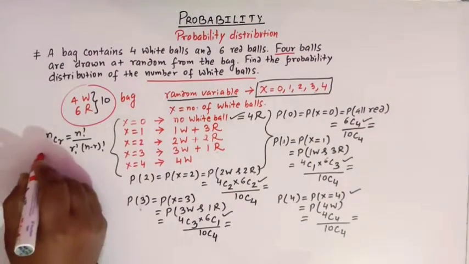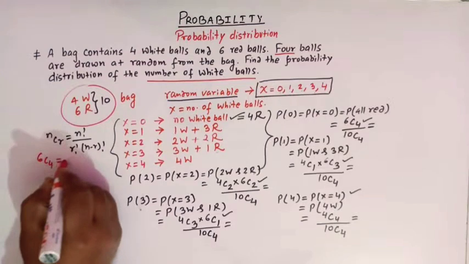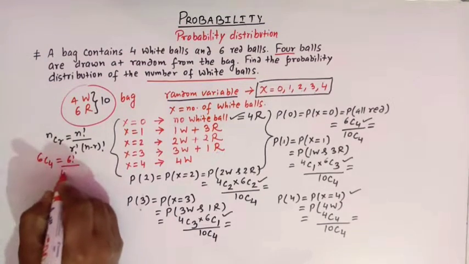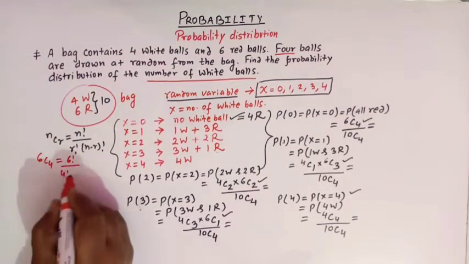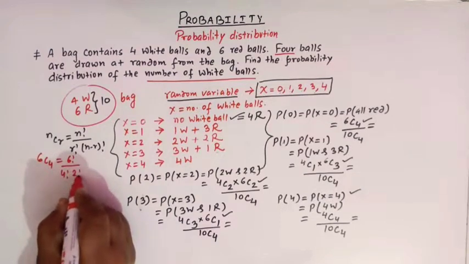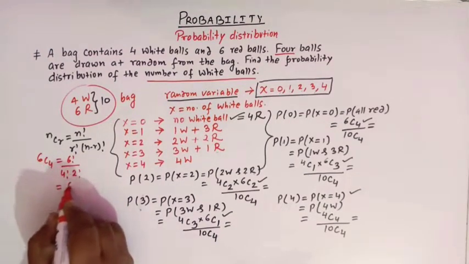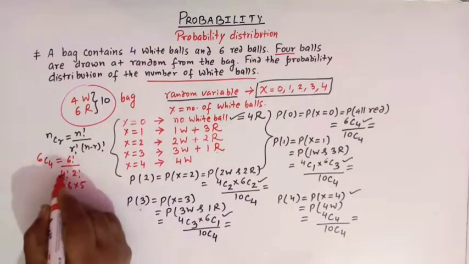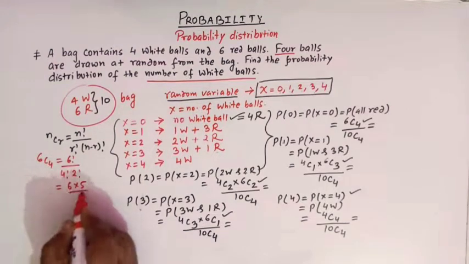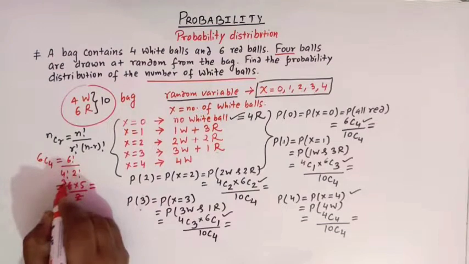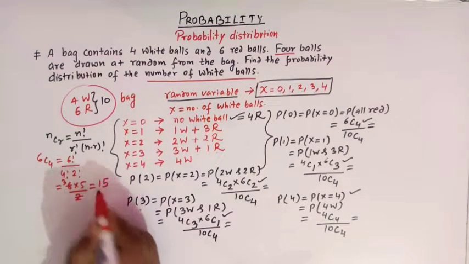So 6C4 is 6 factorial over 4 factorial times 6 minus 4, which is 2 factorial, and this is 6 times 5, and here 4 factorial gets cancelled.